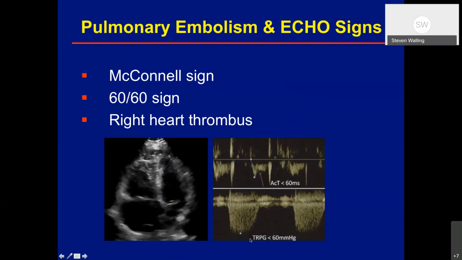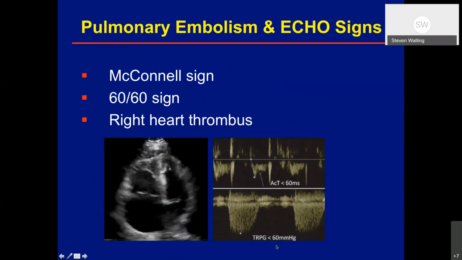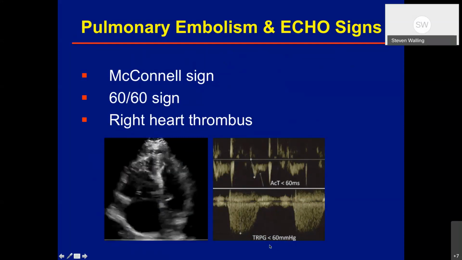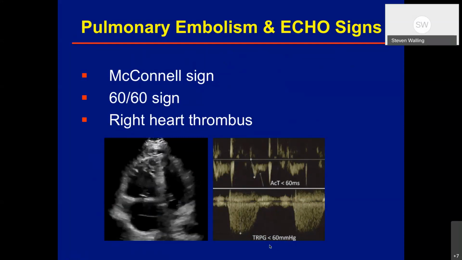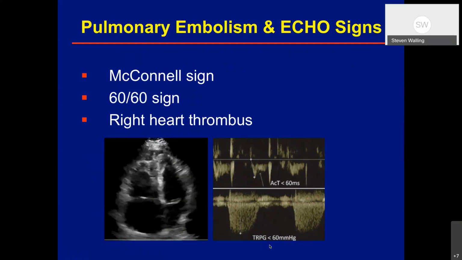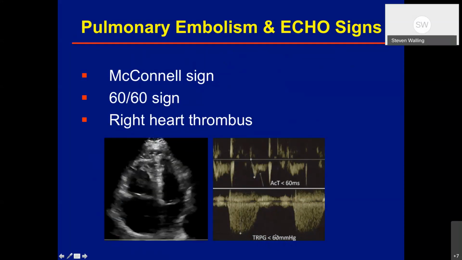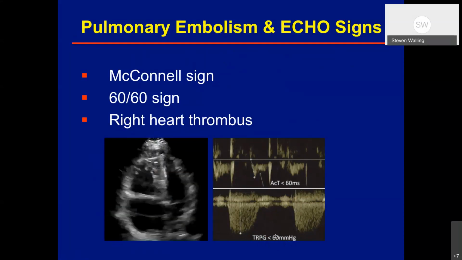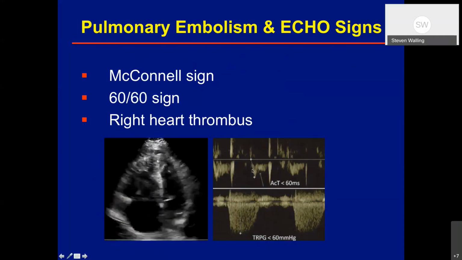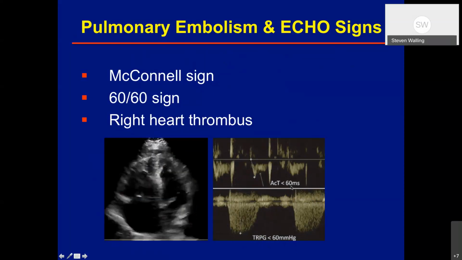Why? Because during the acute setting, the RV is not going to generate that much force quickly. So no matter how much obstruction of the PA by the thrombus, the pressure is not going across 60, okay? So you don't expect a very, very high PA pressure acutely. On the other hand, the pulmonic valve acceleration time is less than 60 milliseconds.